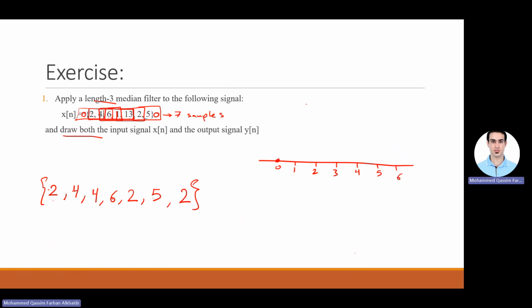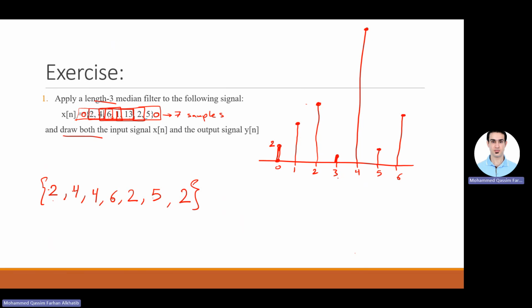So at 0, I have 2. At 1, I have 4. At 2, I have 6. Something like this. I have 1. Then I have 13, which will go beyond like this. Then 2, then 5, something in between there. So that's my input signal.